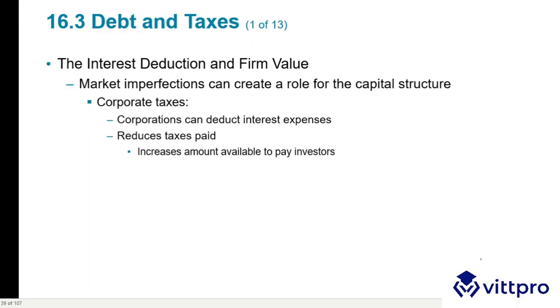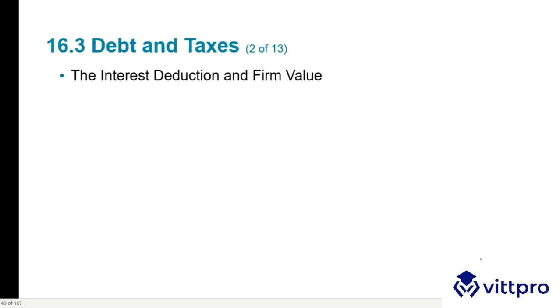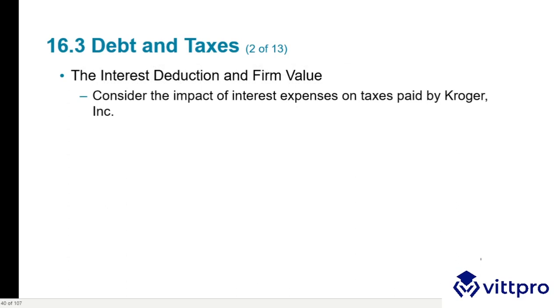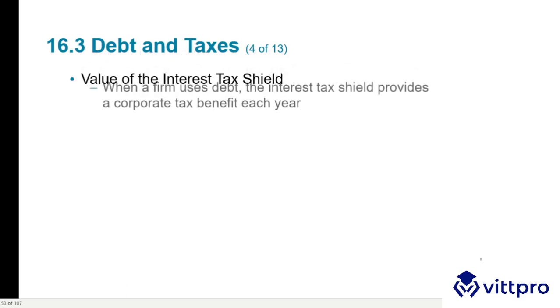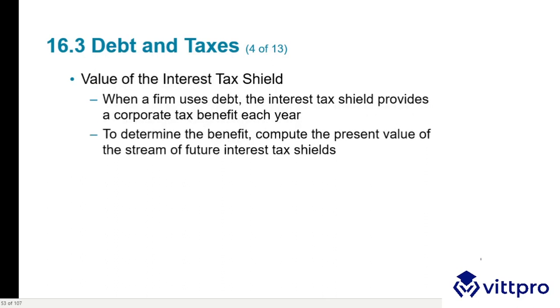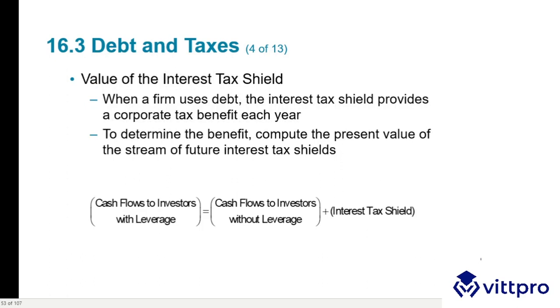So with the interest deduction in the firm, as per the real world, the debt portion increases the firm's value, right? By having more debt, your firm value will continue to increase by the debt amount. The value of the companies increases by the value of the debt that they are taking, multiplied by their tax rate.